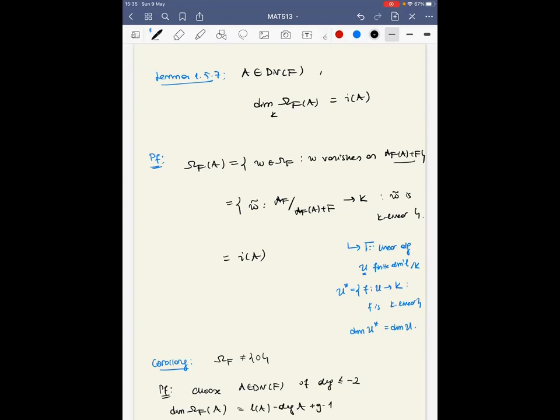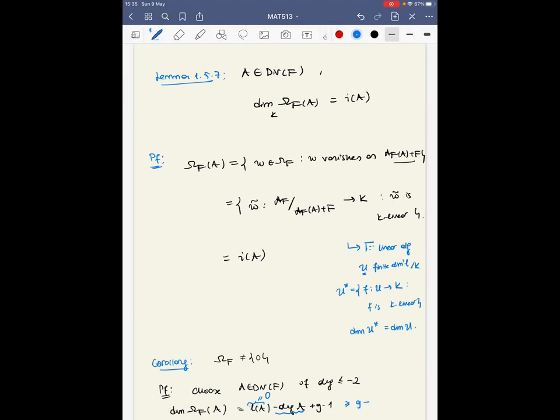So if the degree is negative, we know that the dimension of the Riemann-Roch space in this case is 0. And if the degree is less than or equal to -2, that means minus degree is going to be bigger than or equal to 2.